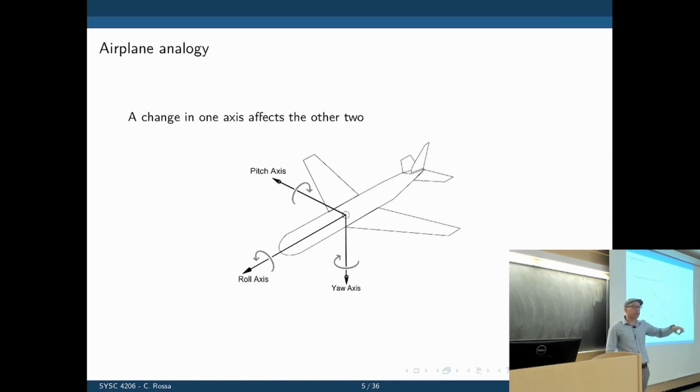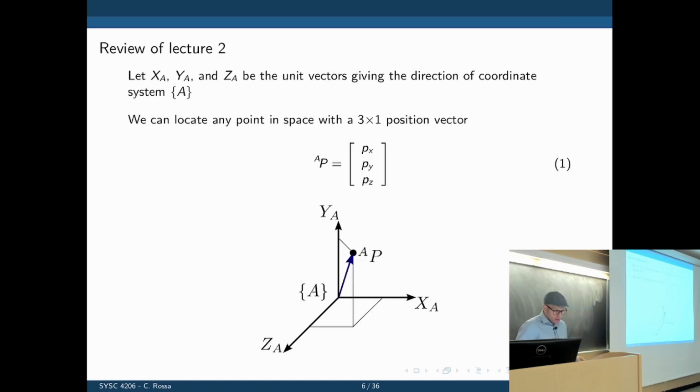So the rotation about 1 influences the rotation about everything else. With these 3 angles, pitch, roll, and yaw, we should be able to fully describe the orientation of an object that is attached to a frame like that. So that's the idea of today's lecture.